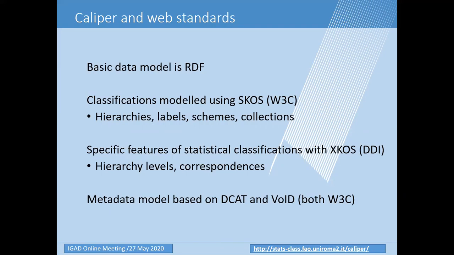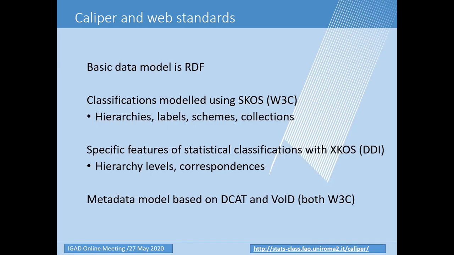If you are interested in this type of detail, the hierarchy, the names and labels, the notion of classification, they all come from there. And then we add, beyond SKOS, a specific resource for statistical classifications published by the Data Documentation Initiative. It's a very important institution for statistical data. Hierarchical levels and correspondences come from them.